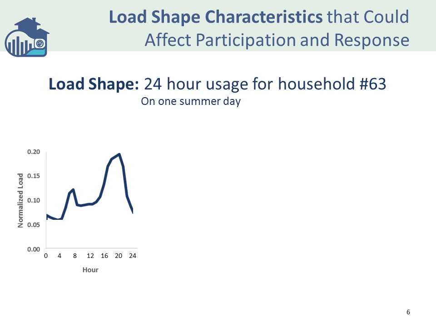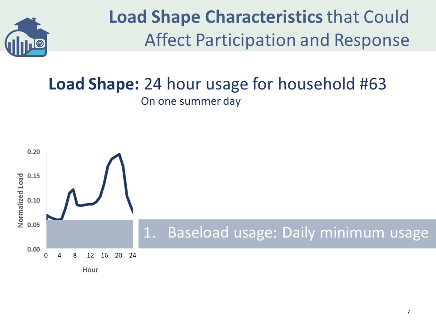This prototypical customer we have, household number 63, and their load shape on a particular day in the summertime. The first characteristic that we identified has to do with the customer's base load usage. And we define this as the daily minimum electricity consumption. This base load represents a household's electricity use that's not expected to change throughout the day.